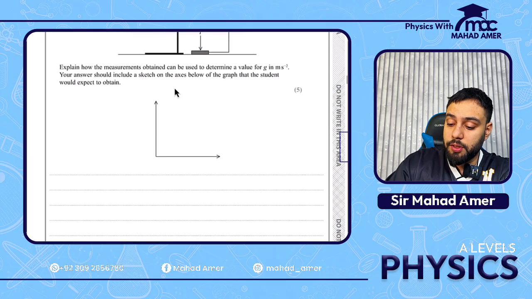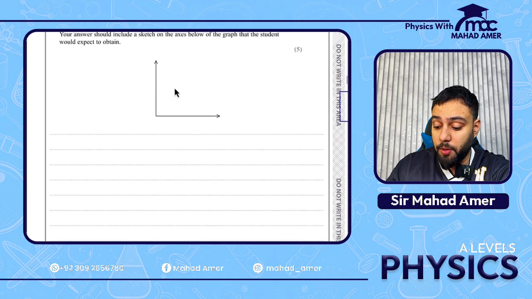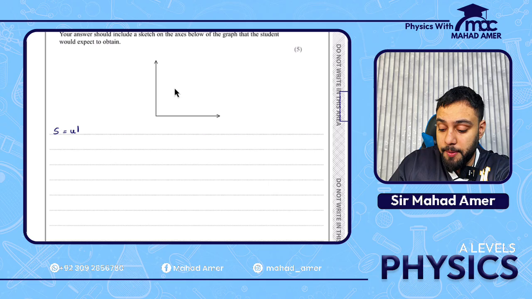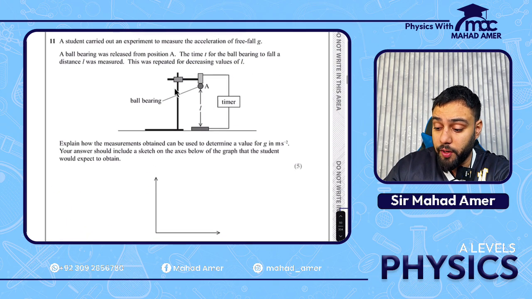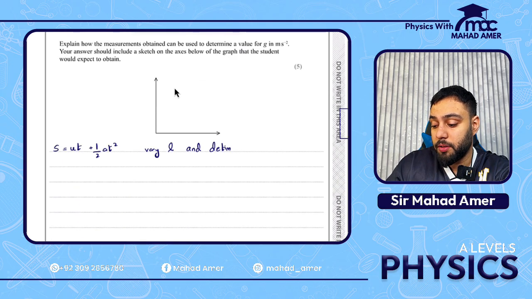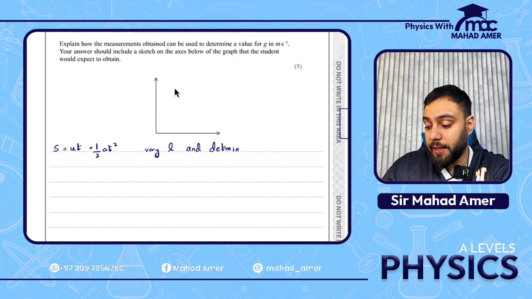Okay. Now, first of all, whenever this question comes up, you have to write s = ut + ½at². You have to first write that, because we're going to be changing the value of L and determining time. So this is number one.